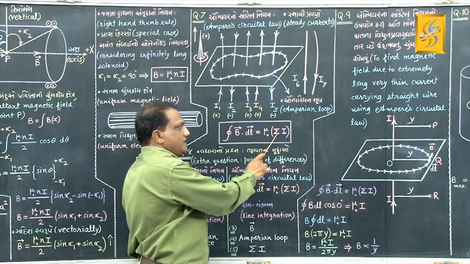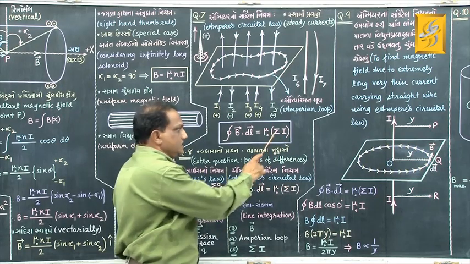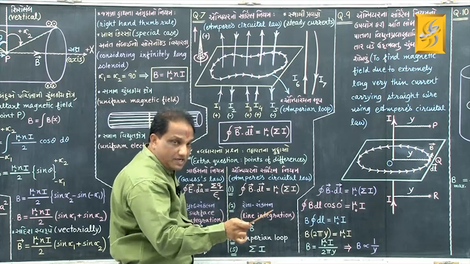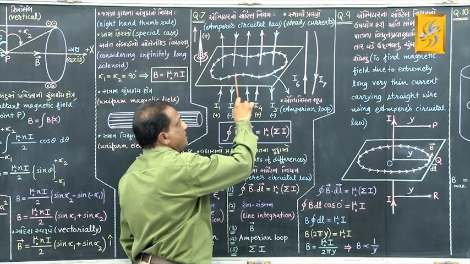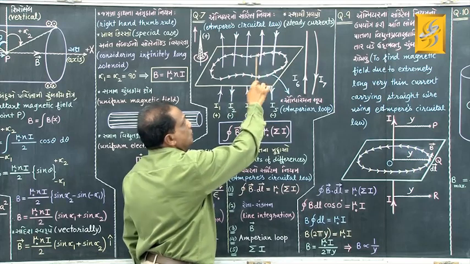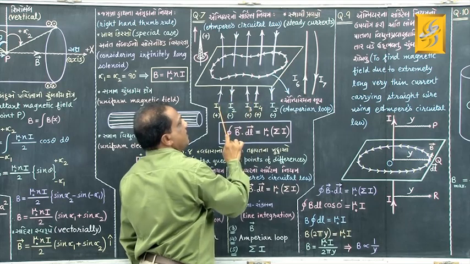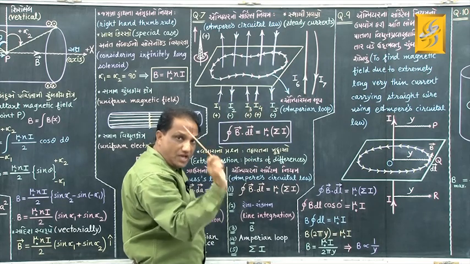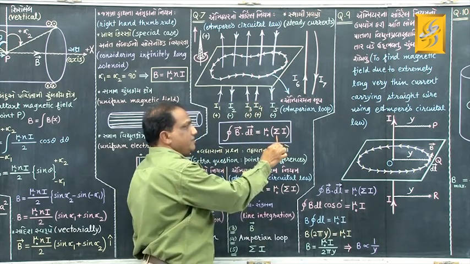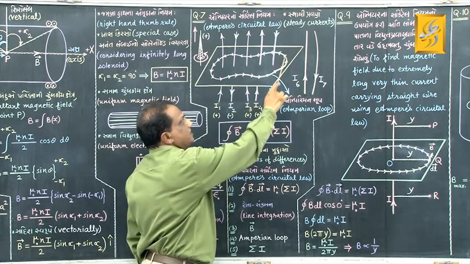But then on the right hand side, while finding sigma I, you should consider the algebraic summation of only those currents which are enclosed by the considered closed loop. If the considered closed loop is this, then it encloses these 5 currents from I1 to I5, correct? Then you are to take the algebraic summation of only those 5 currents which are enclosed by this loop.